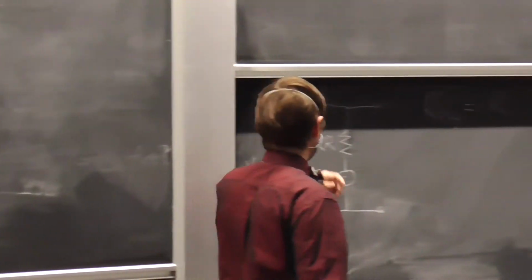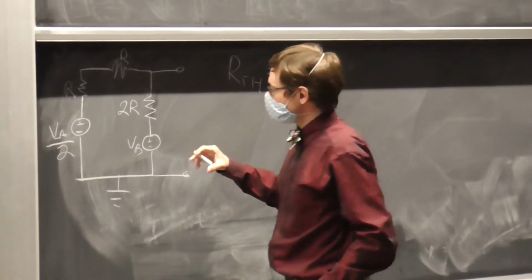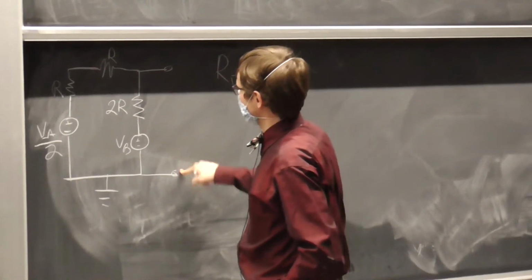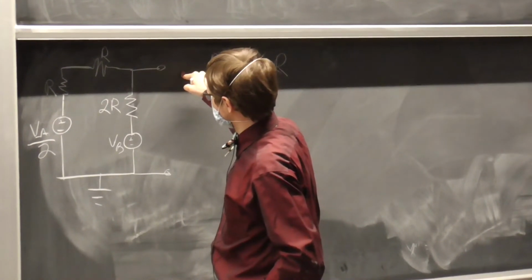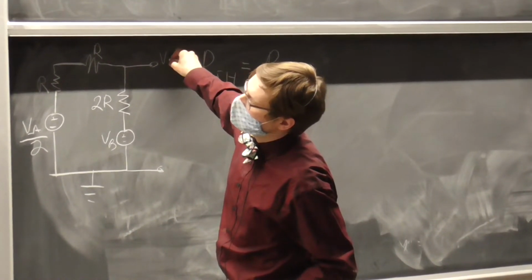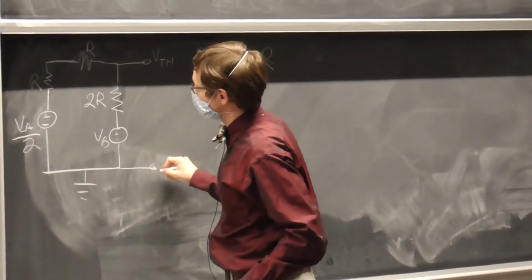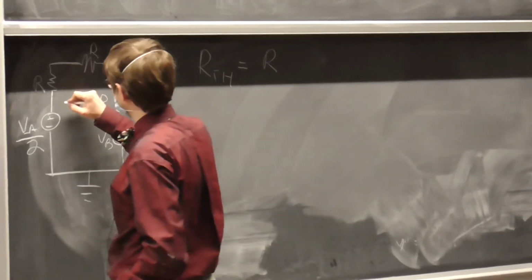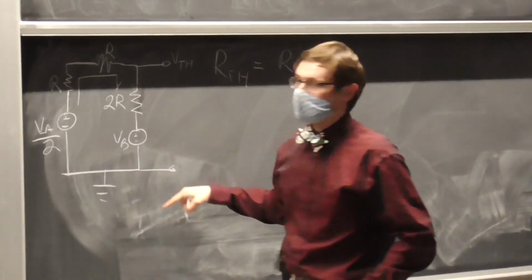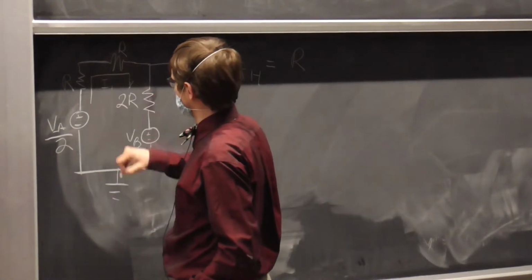So, having figured that out, we now need to calculate the voltage here, right? So, we'll call this, yeah, it'll be VTH, won't it? All right, so we actually only have the one loop here, right? So we only have one current.